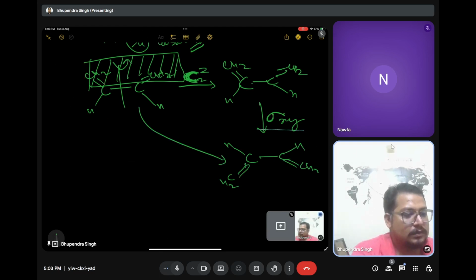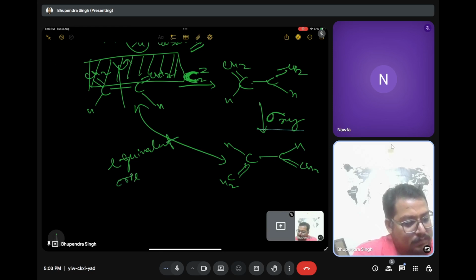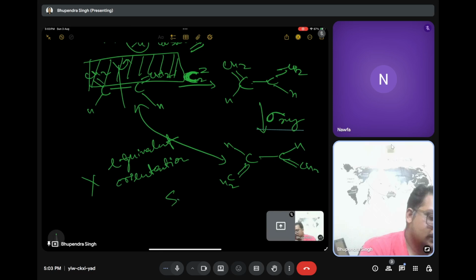These two are not equivalent structures, not equivalent orientations. So you can say Sn, the improper axis of symmetry, is absent.